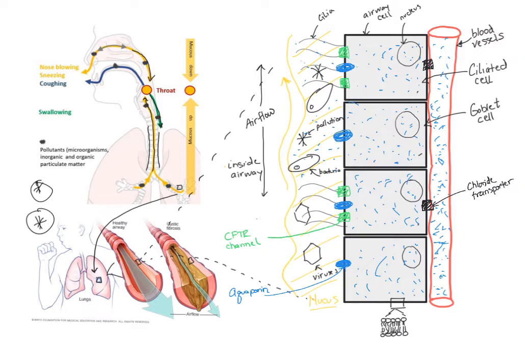Okay, and it's in our mucus as well. Now, the other thing that we're going to find is that whenever we eat or drink certain things, you actually extract chloride. Chloride is an ion, and I'm going to indicate that with Cl-.